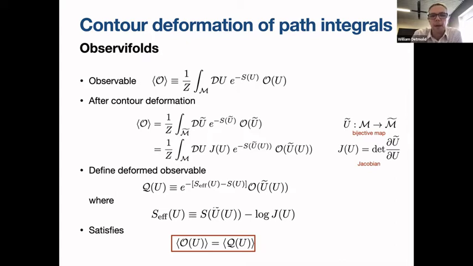Okay? And I'm also absorbing the logarithm of the Jacobian into this S effective. And so I have a deformed observable Q that is a complicated object, but now I immediately see that the expectation value of my observable O is the same as the expectation value of this modified deformed observable Q.